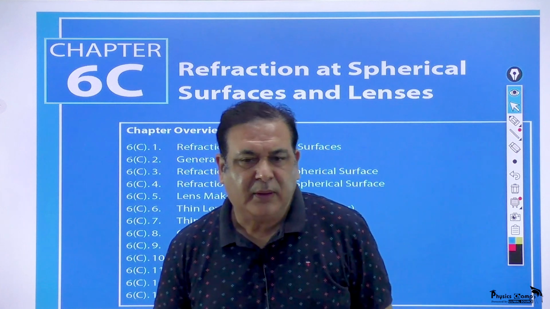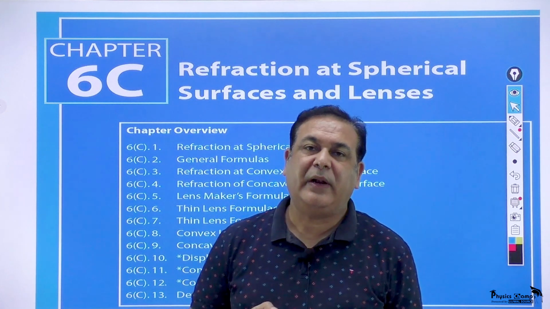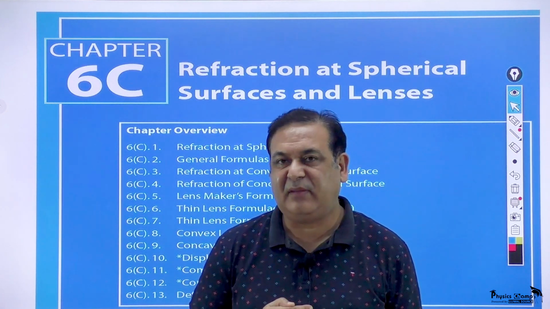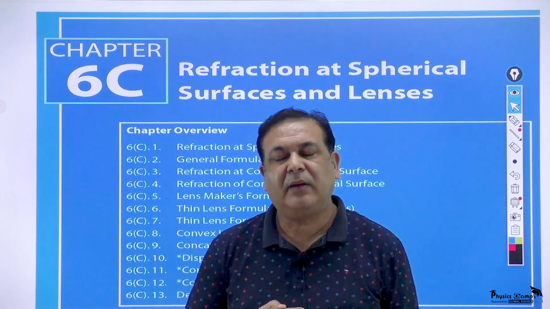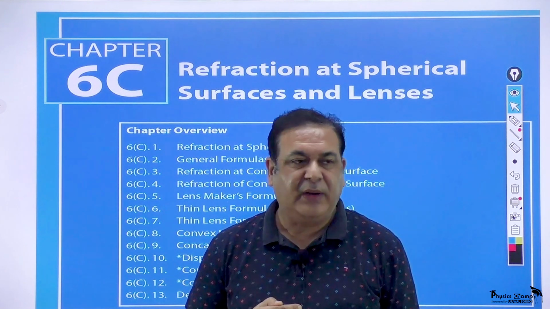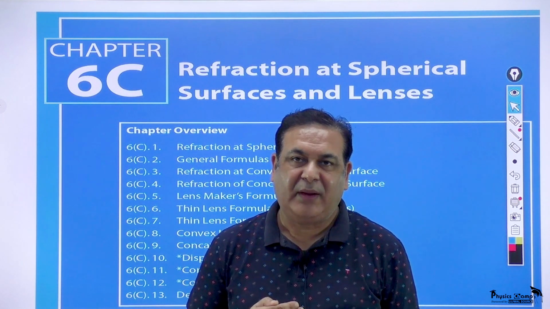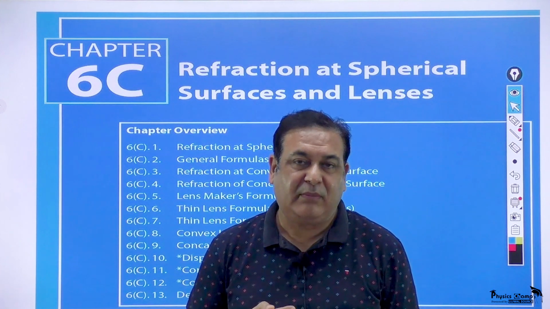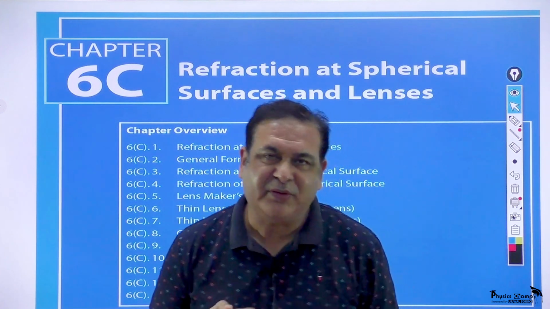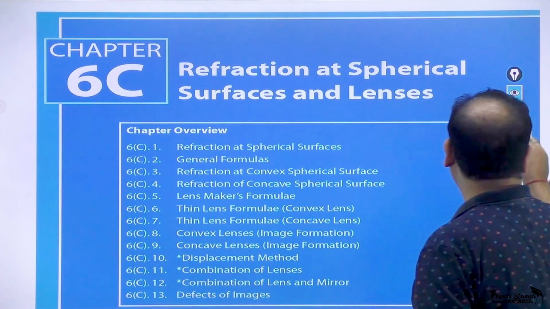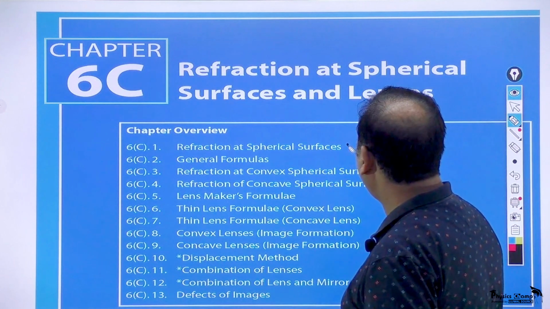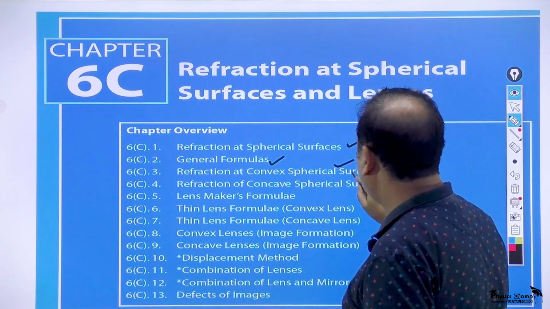So dear student, now we are entering into the next part of this chapter, that is 6C. Here we are going to take up finally the lenses and combination of lenses. But before that, we have one more stage that we will be discussing, and this is refraction at spherical surfaces.